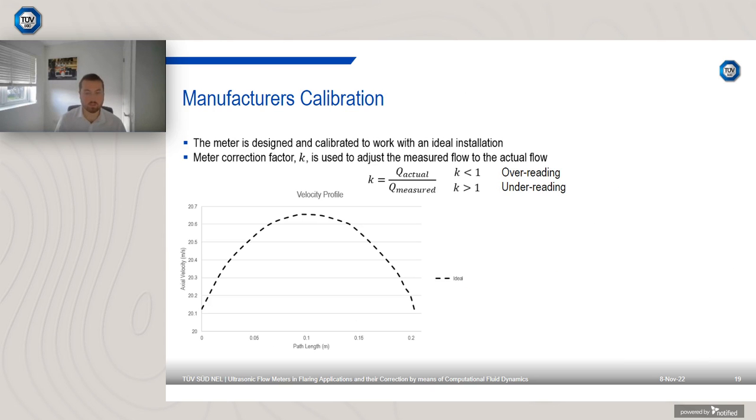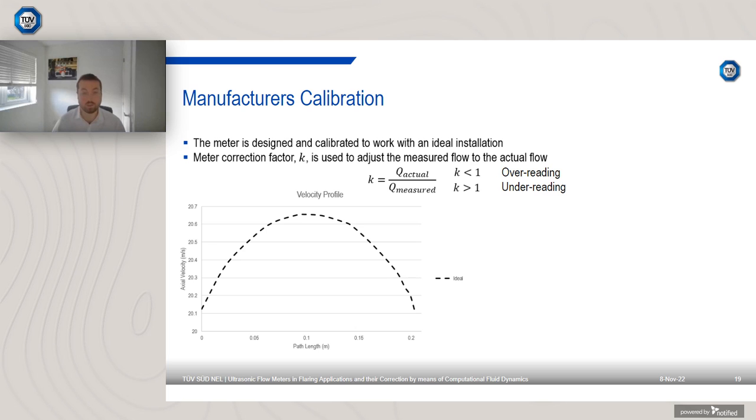So the meter is designed and calibrated to work with ideal installations. So the manufacturer would expect a fully developed flow profile like the one on screen there. Once they have this flow profile, they can then calculate their correction factor, also known as the K factor. So the K factor is essentially just the actual flow rate over the measured flow rate.